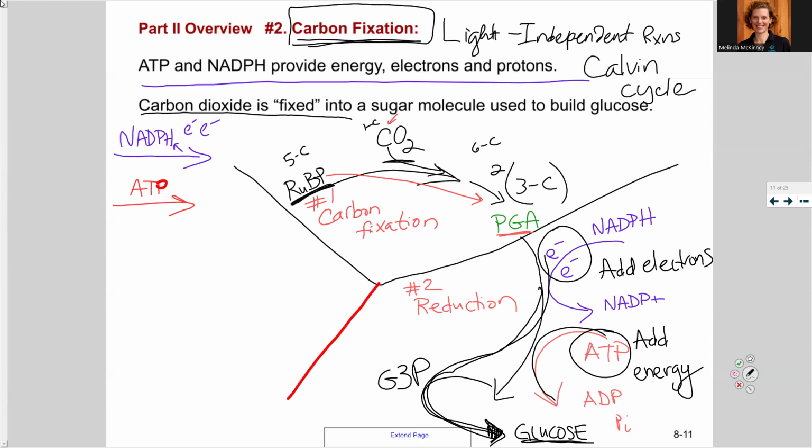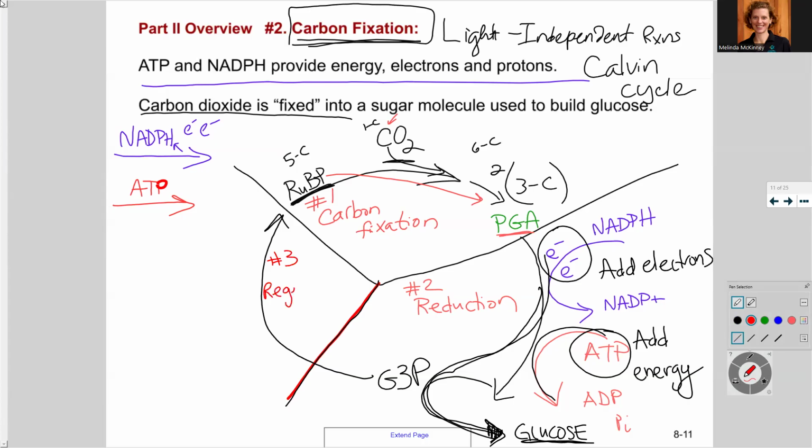Now, the last part is just regeneration. So some of these molecules will kick out and go make glucose. Others of them are going to go back and they're going to keep the cycle going. So this stage is just called regeneration. So number 3 is regeneration. And we are just regenerating RuBP. Okay, so we're going back here.